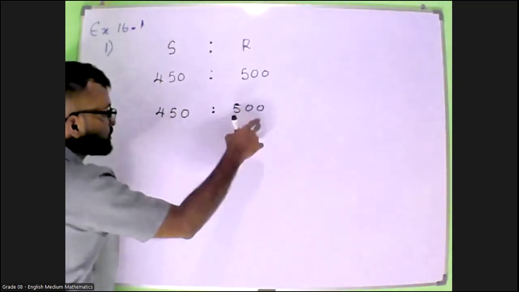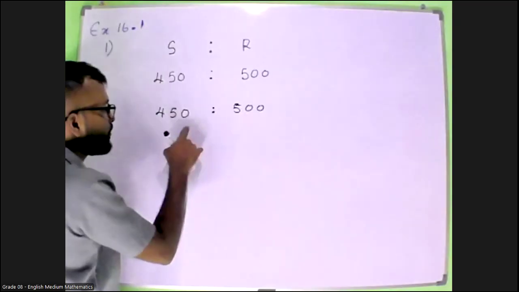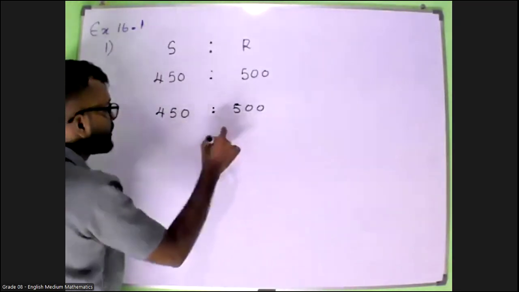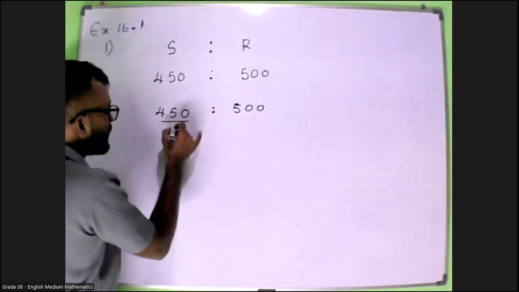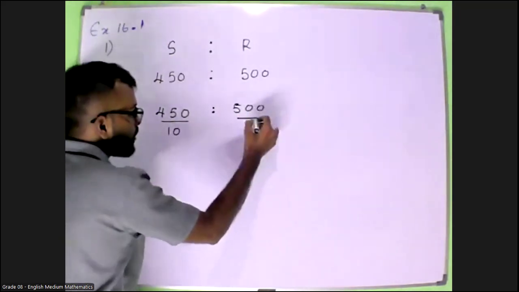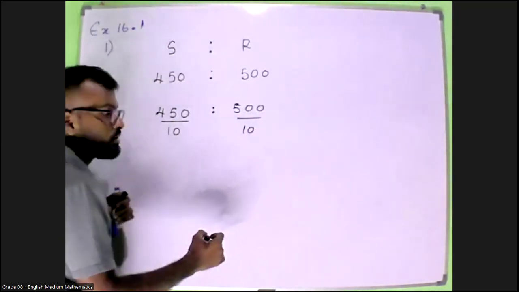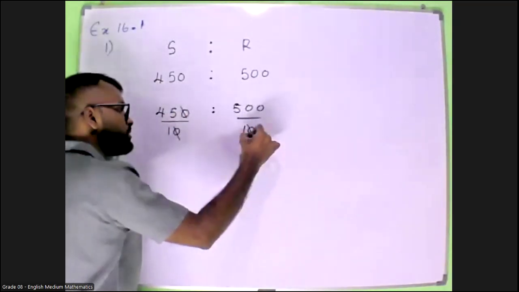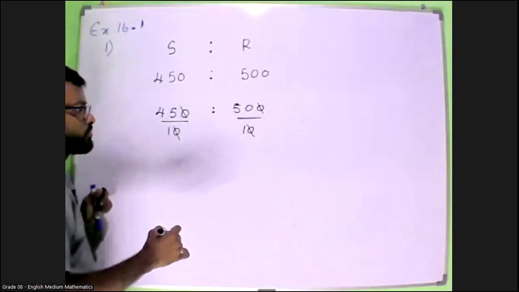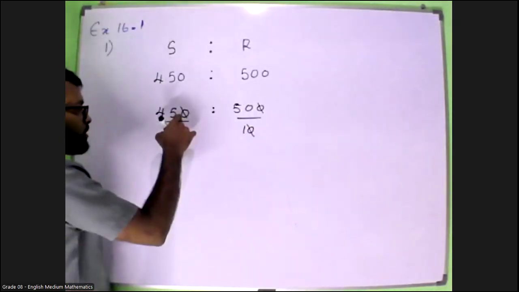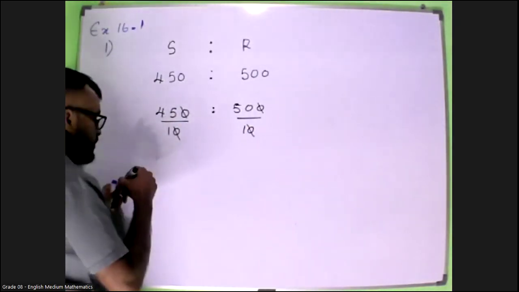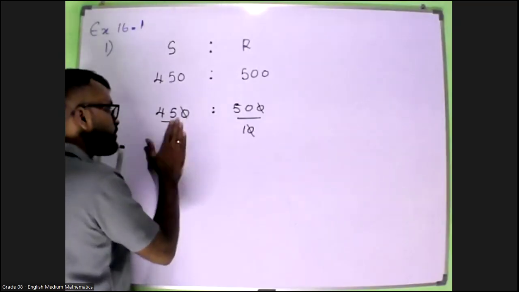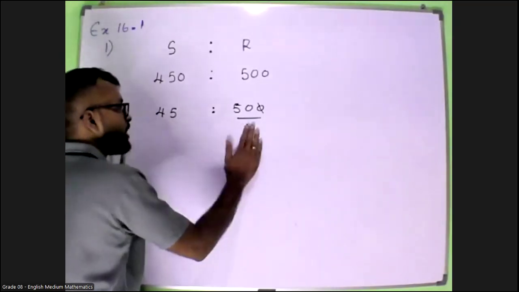By looking at this, at once you can divide this side and this side by 10, because of the zeros, 0 to 0. Or you can do this in a shorter way. I will teach you.